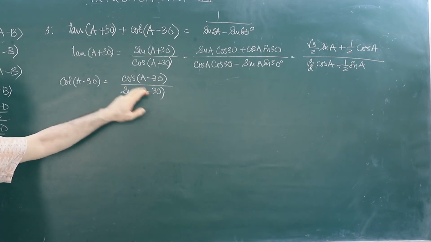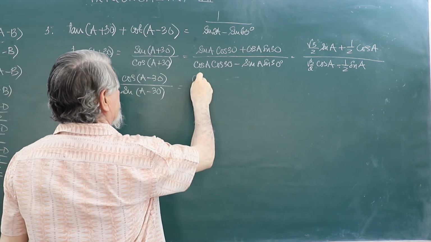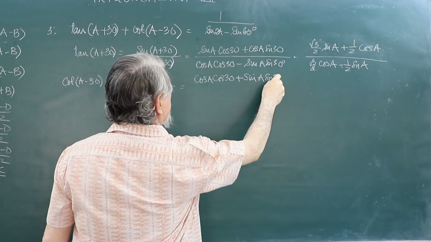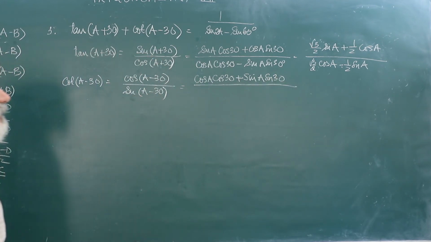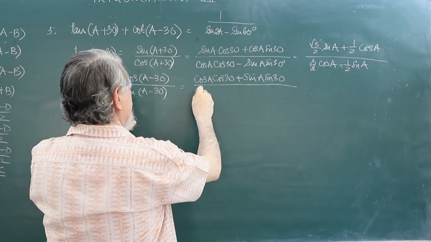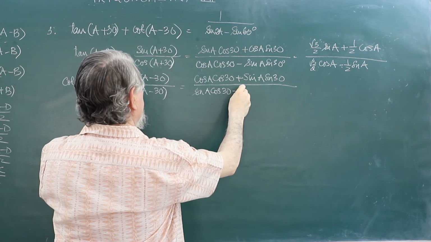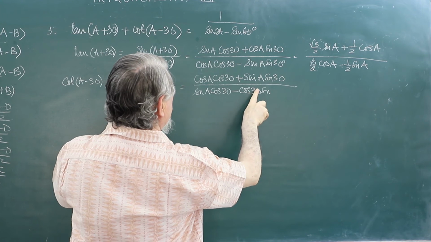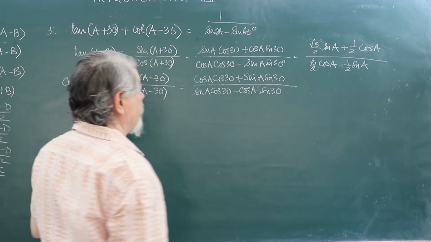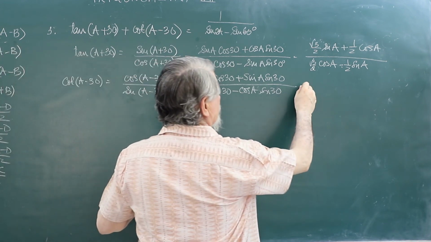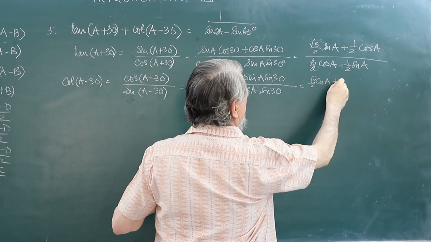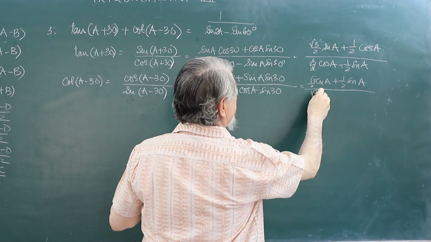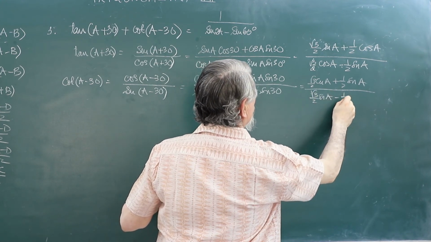Cos A minus B means cos A cos B plus sine A sine B, upon sine A minus B, which means sine A cos B minus cos A sine B. Cos 30 is again root 3 by 2, so root 3 by 2 cos A plus 1 by 2 sine A, upon root 3 by 2 sine A minus 1 by 2 cos A.